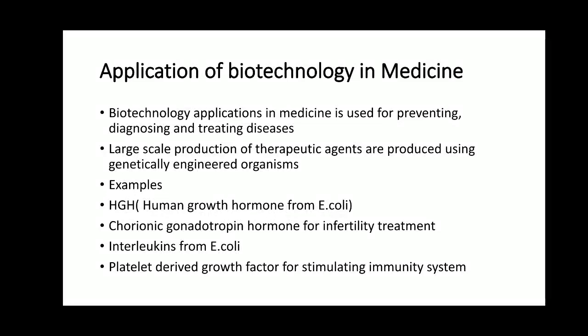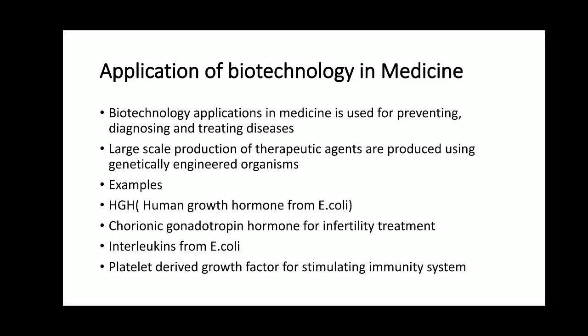Another example is chorionic gonadotrophin hormone, which is produced by recombinant DNA technology and used for treatment of infertility.